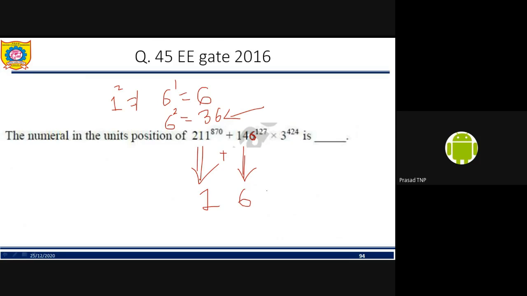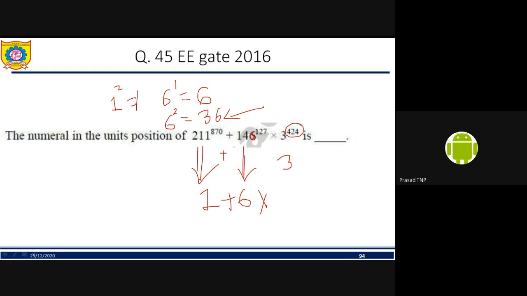And this is multiplied with 3 raised to 424. For bases other than 1 and 6, as I told you, you can divide that power by 4 and take the remainder as the power.